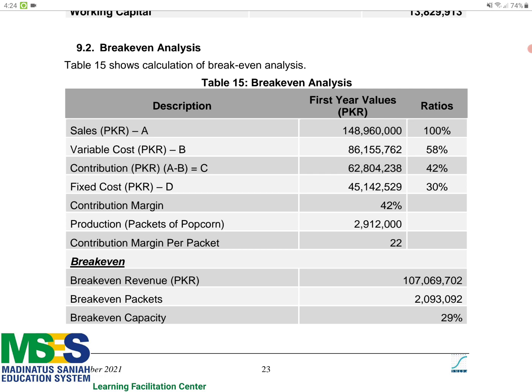Almost 2 million packets are to be sold before you will be able to cover your costs. If you don't sell even 2 million packets, then you will be in loss. After selling 2 million packets, your profit will start accumulating.